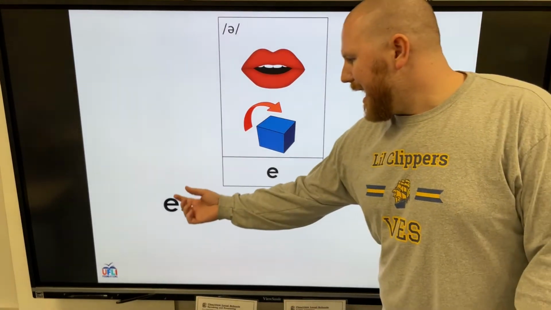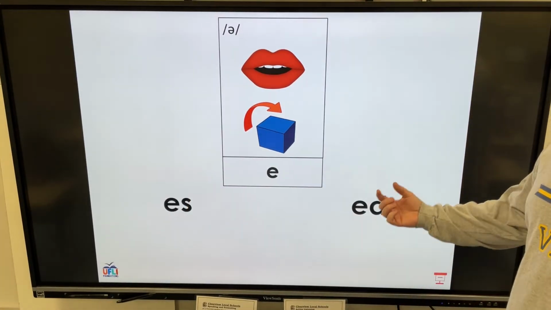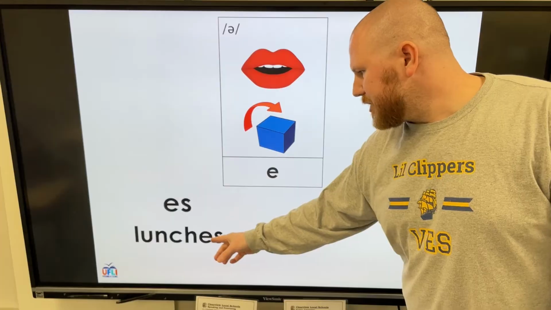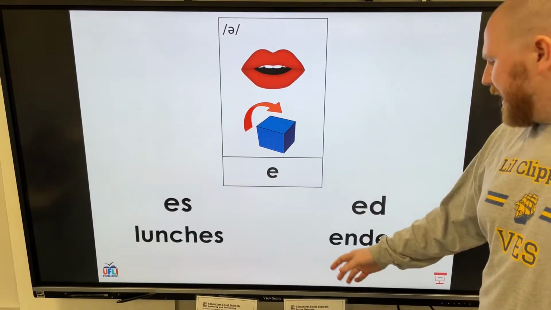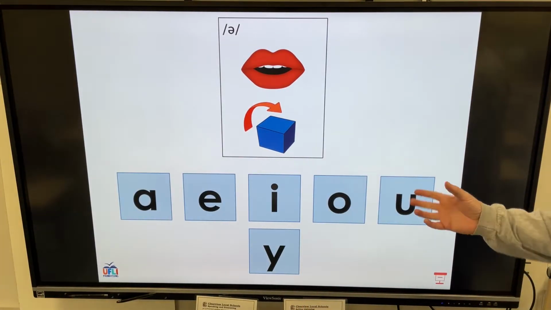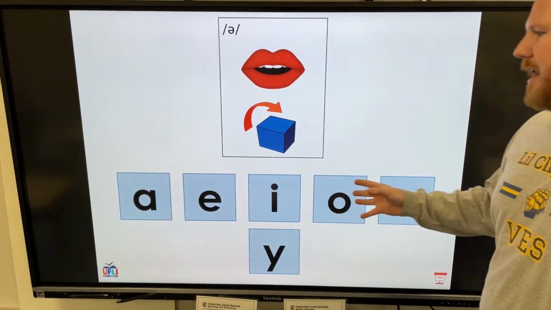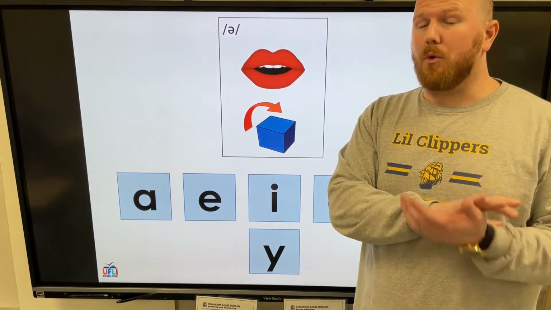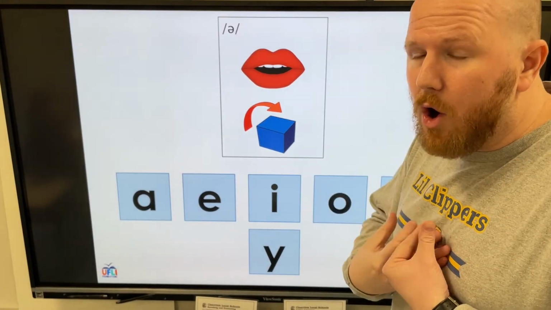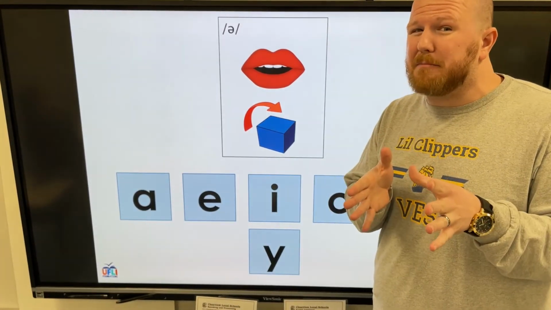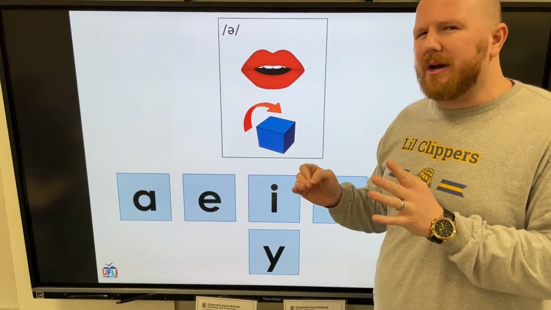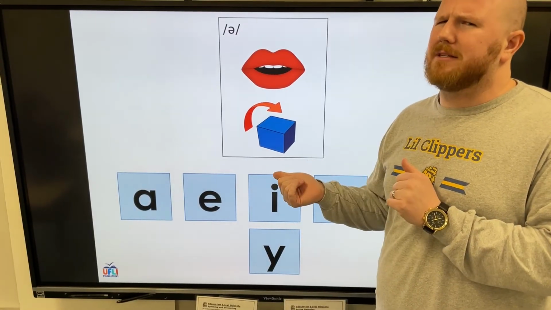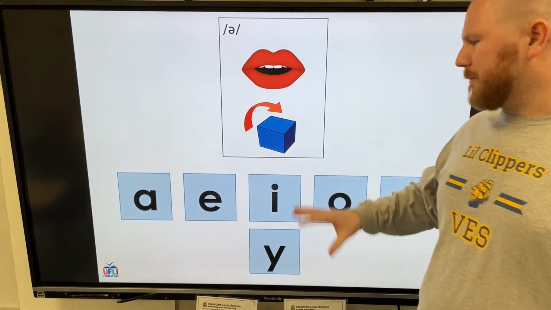Like S or ed, like lunches and ended, make their sound. All of these vowels can be a schwa. We usually see them when we're talking about our heart words or our irregular words. That's what makes them irregular, because if we try to sound it out, it doesn't make the right sound. That's what we're talking about here with schwa.